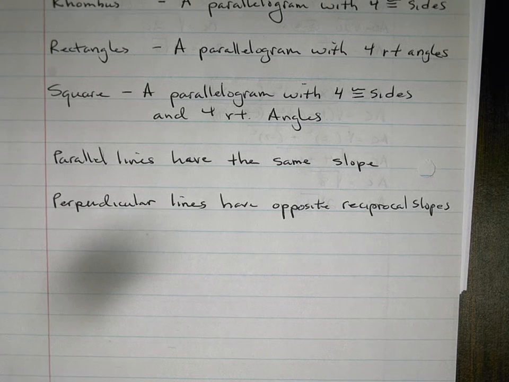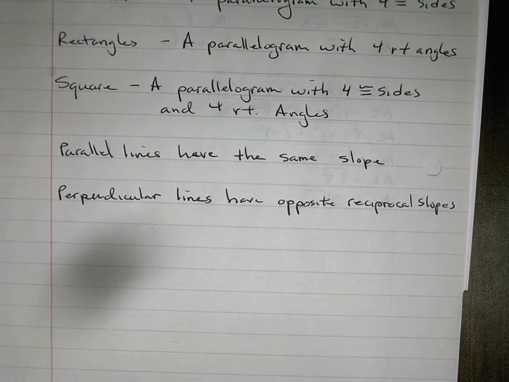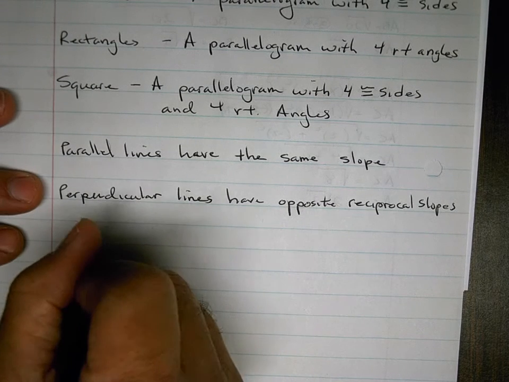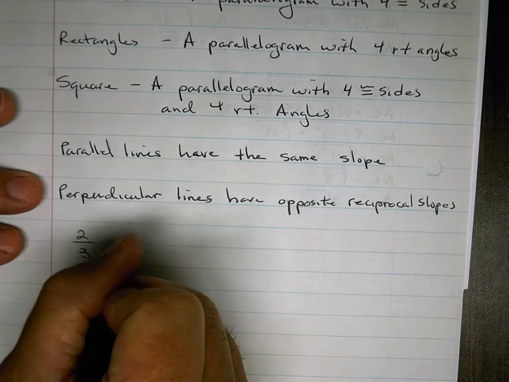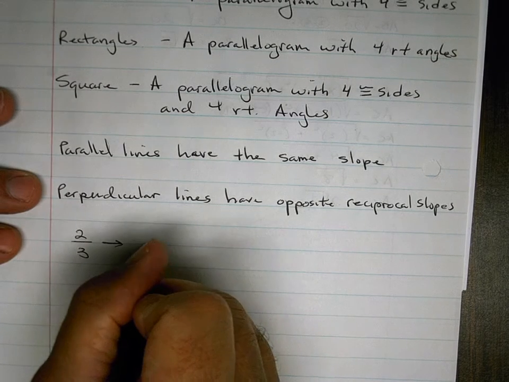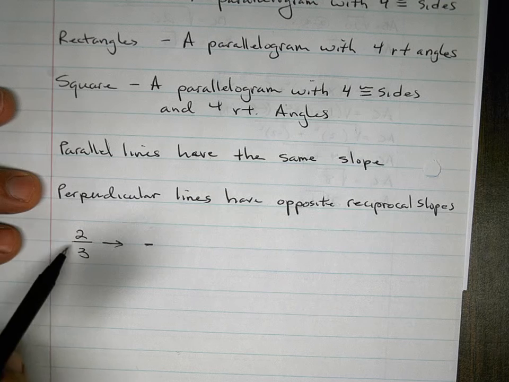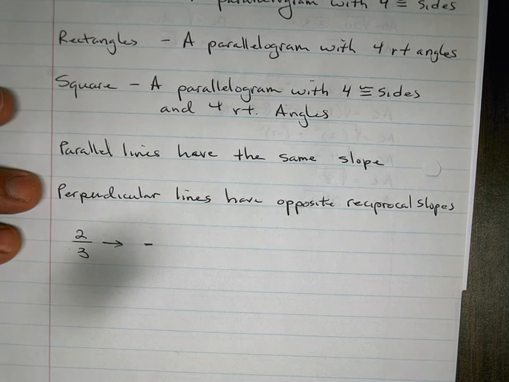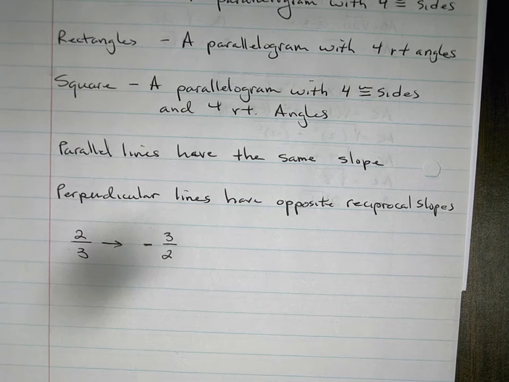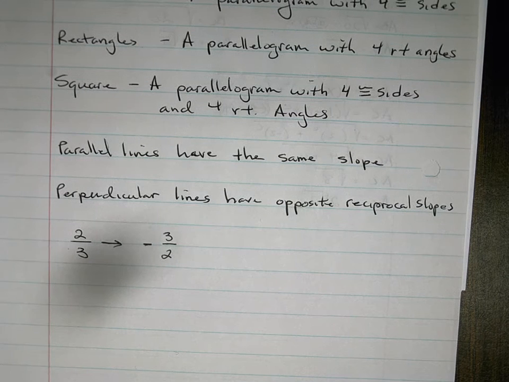So let's write the examples of a few things that are opposite reciprocals. So for instance, the opposite reciprocal of 2/3 would be negative. That's where the opposite comes in. If this is positive, that's negative. That's the opposite. And reciprocal, I like to sometimes say, refliprical.